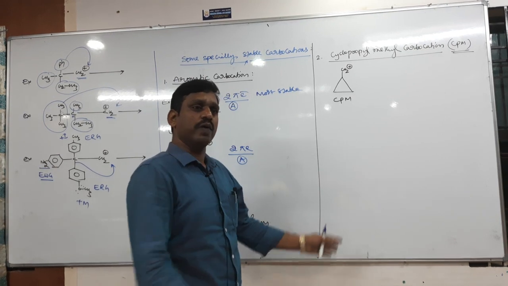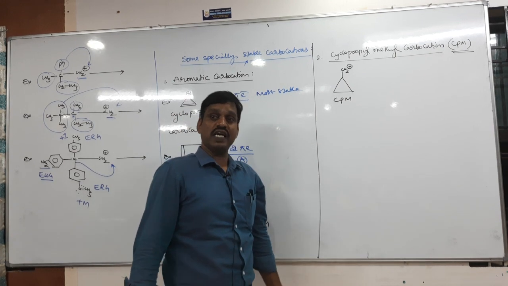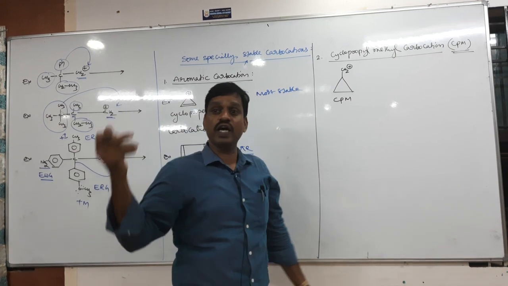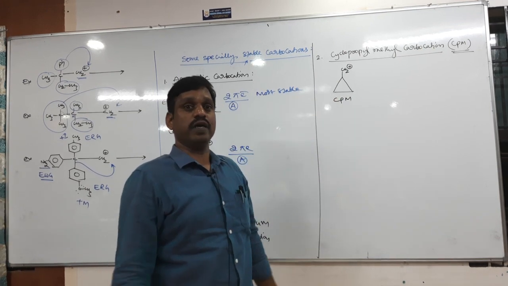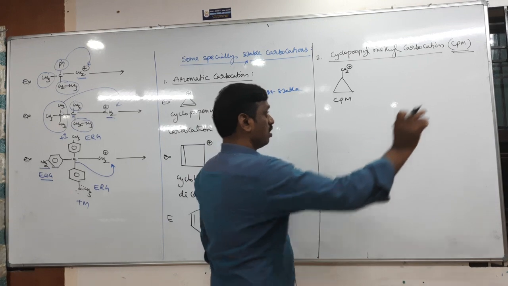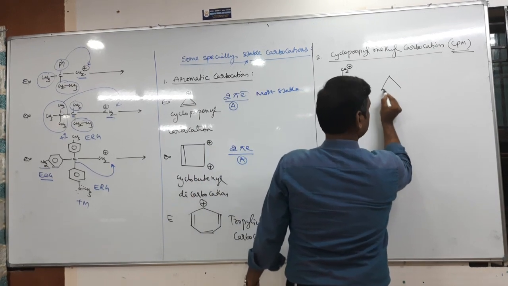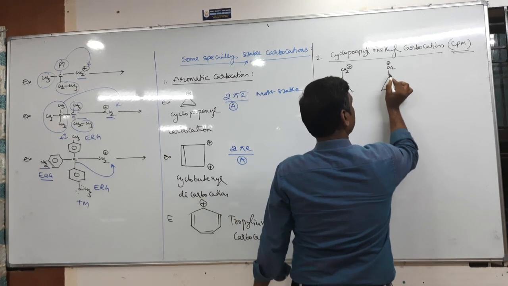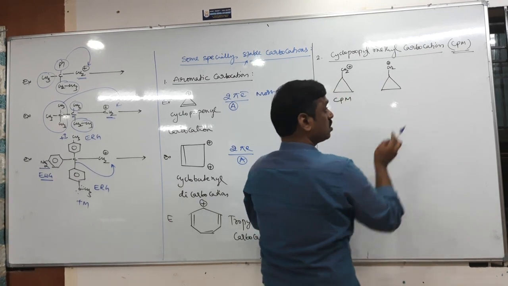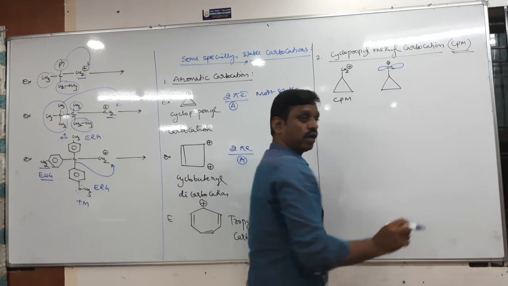Hyperconjugation is possible, since one hydrogen is there. But many molecules have hyperconjugation and they are not as stable as CPM. The real reason is that in CPM there is a cyclic ring and a CH2 which has a positive charge, and this has one vacant unhybridized p orbital, as we know a carbocation has.